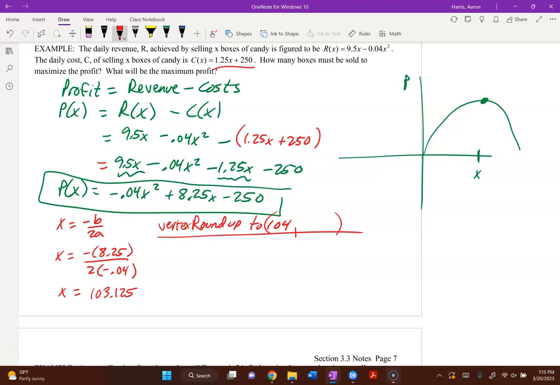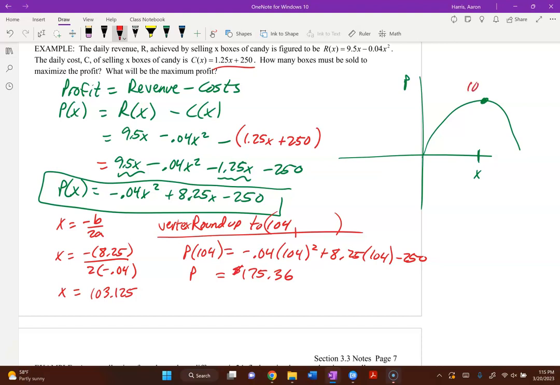And then we'll just throw it into our profit function. So the profit of 104: negative 0.04 times 104 squared plus 8.25 times 104 minus 250. And that ends up being 175.36.